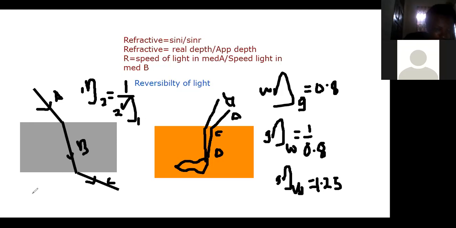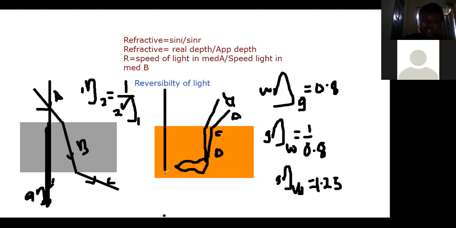So this will be light traveling from medium A to medium C. Oh, from medium A to medium C. Why is the machine messing up today?